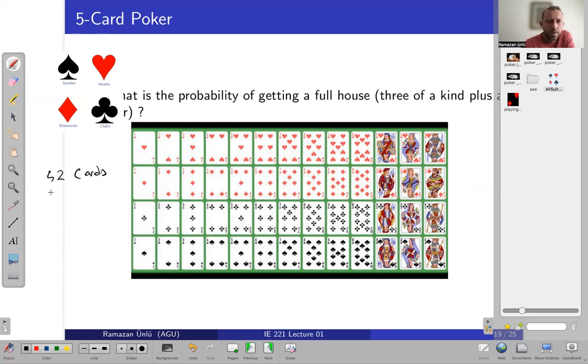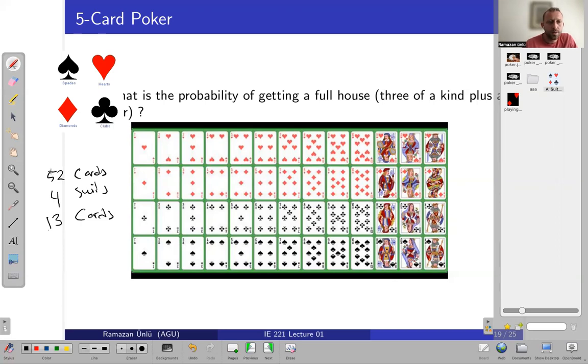There are 4 suits, called spades, hearts, diamonds, and clubs, and each suit has 13 cards.